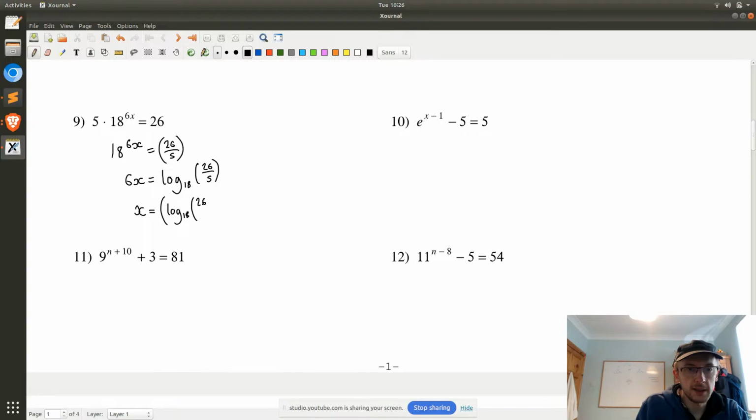Log base 18 of 26 over 5, all of that divided by 6. It appears to be something very small, 0.0951.